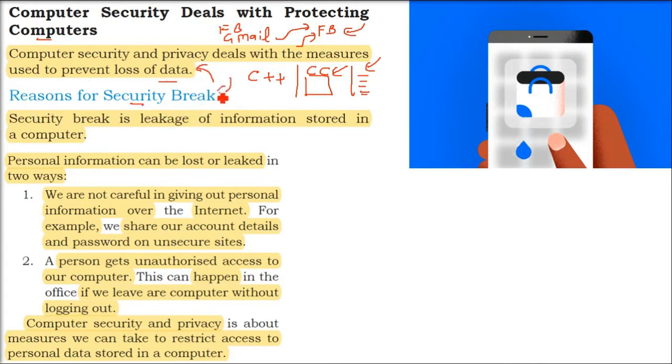So what are the reasons of security break? What does it mean, security break? See, you have a house, you have an establishment. Assume it to be your house or your department. This is under lock and key, but somebody gets a key, or in any way he or she is able to enter.